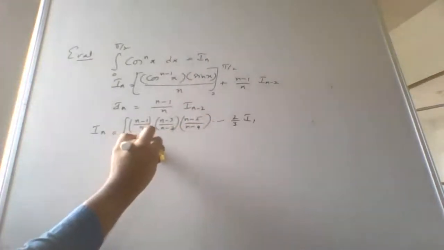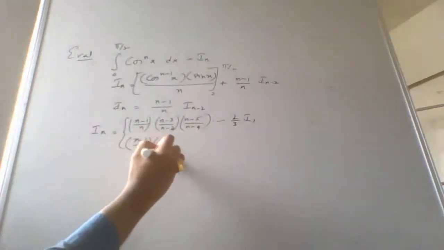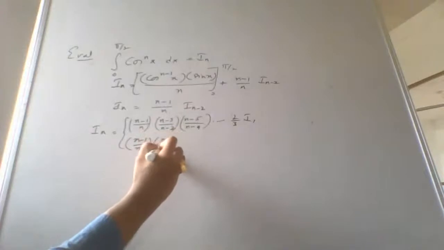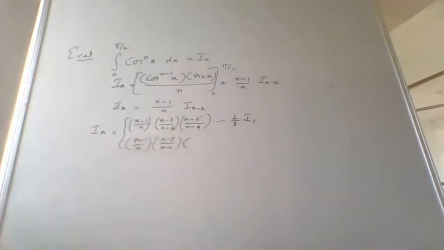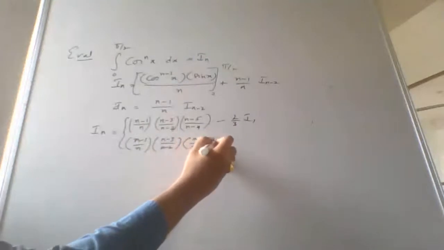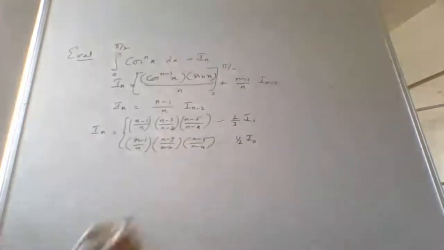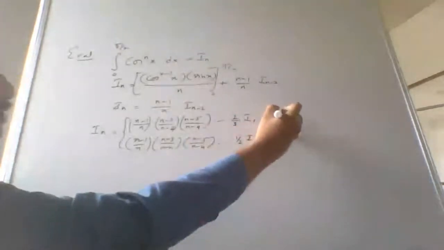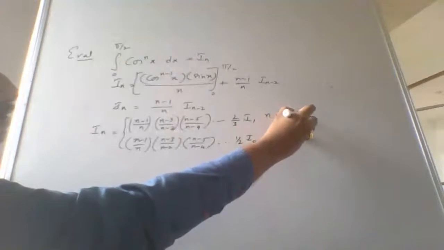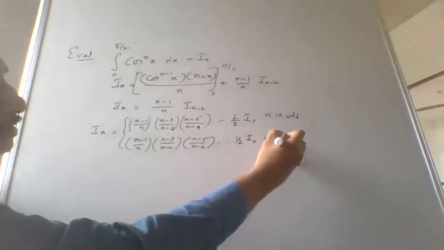Here I'll have n minus 1 divided by n, and n minus 3 divided by n minus 2, and n minus 5 divided by n minus 4, and finally 1 by 2 times pi by 2 with I 0. This is for n which is odd. This is for n which is even.